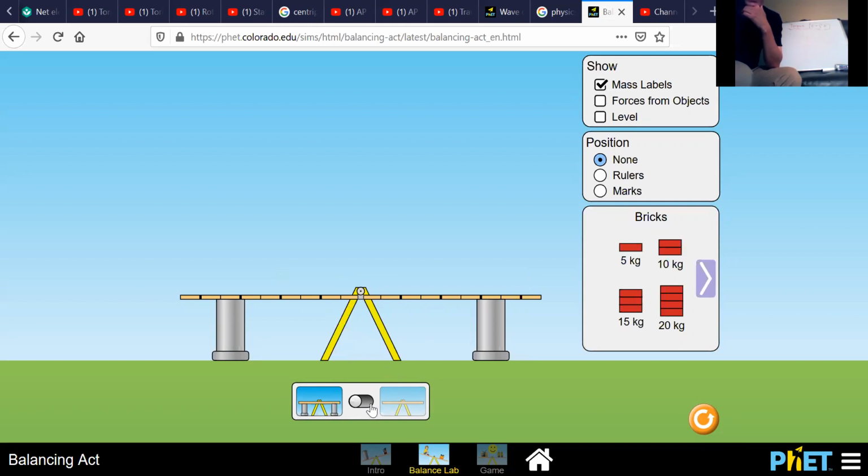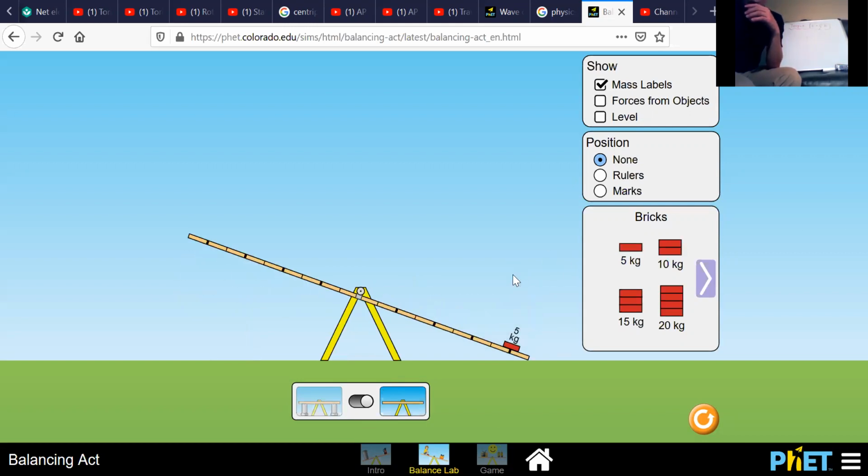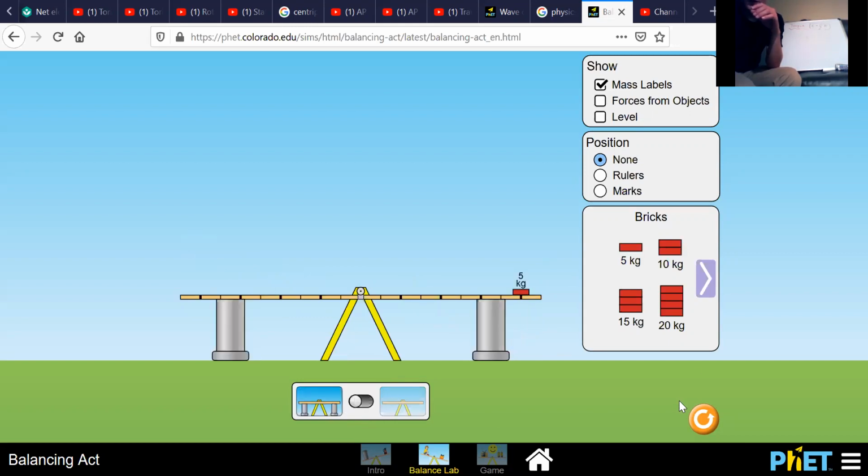If I take these two little balance things away, you can see that because there's an equal distribution of mass on either side, the fulcrum's right in the middle, it's not going to rotate. But if I were to put a 5 kilogram mass there, you can see it's going to rotate. And so what I'm going to do is put a 5 kilogram mass right here. This is 2 meters away from the pivot point. So the radius of this object is 2.